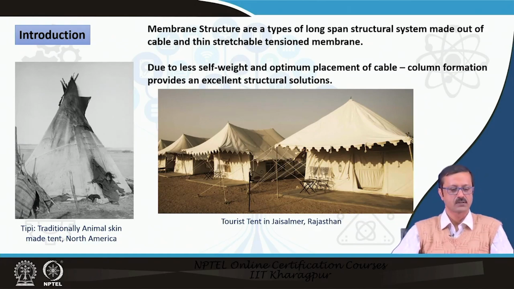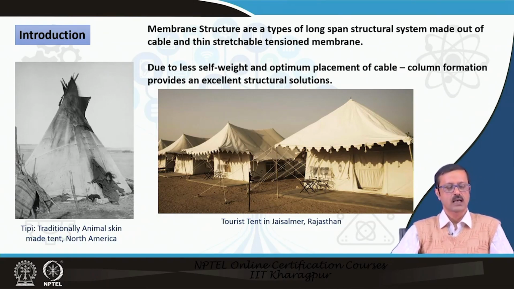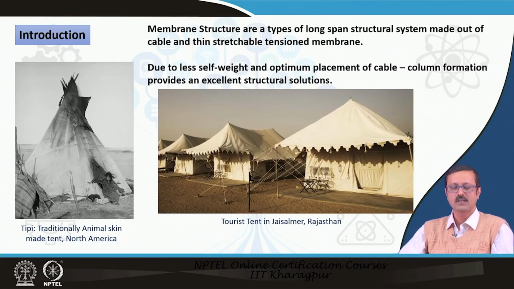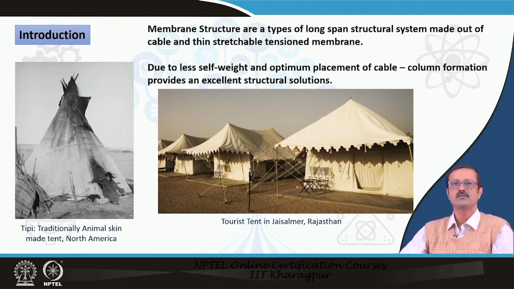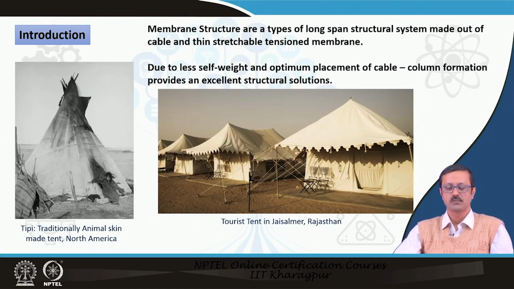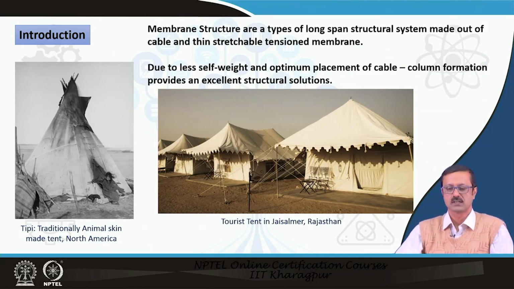They made that type of house from animal skin, called a teepee. As you know, animal skin is a membrane, so that kind of tent can be made from it. The next picture is very recent. If you go to Jaisalmer, in the desert of Rajasthan, the tents for tourists are also made of membranes, a kind of canvas or thick cloth.